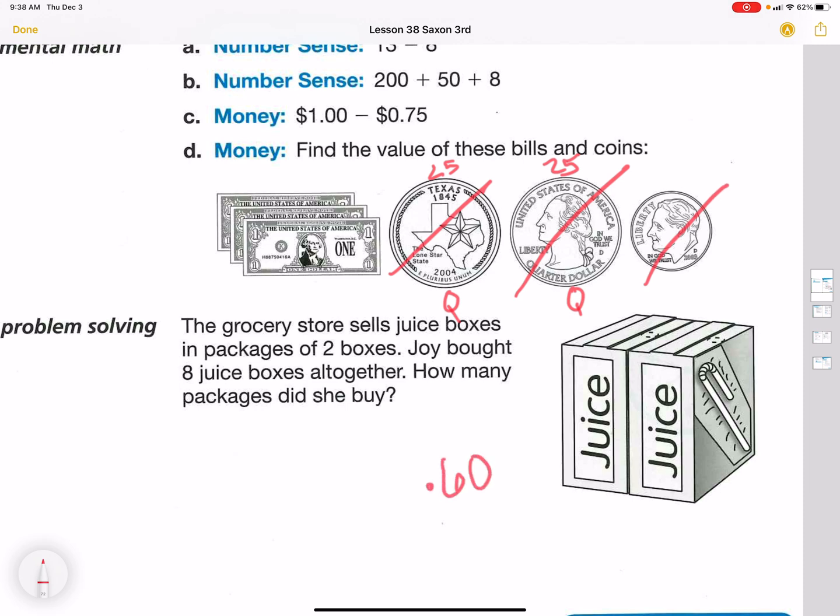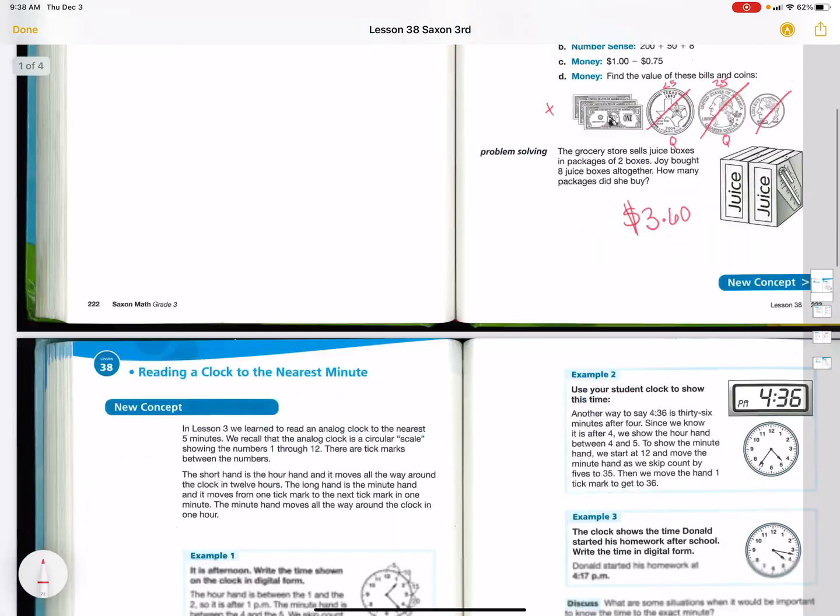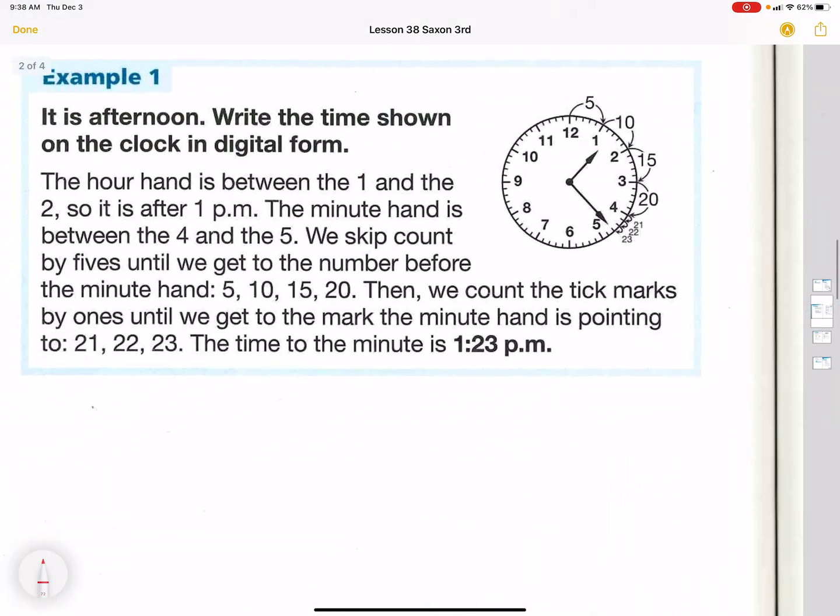The reason I did the coins first is because if I had more than $1 in coins, I would need to add 1 to my bills. So I have $3 bills, and so I have $3.60.